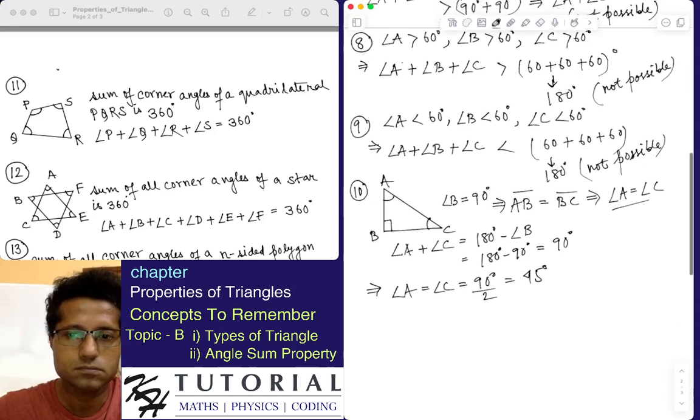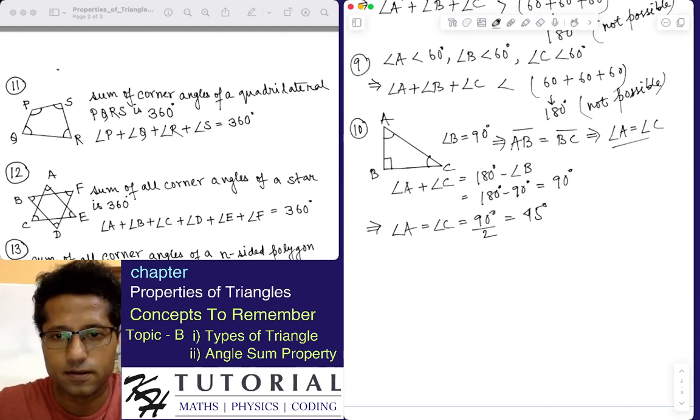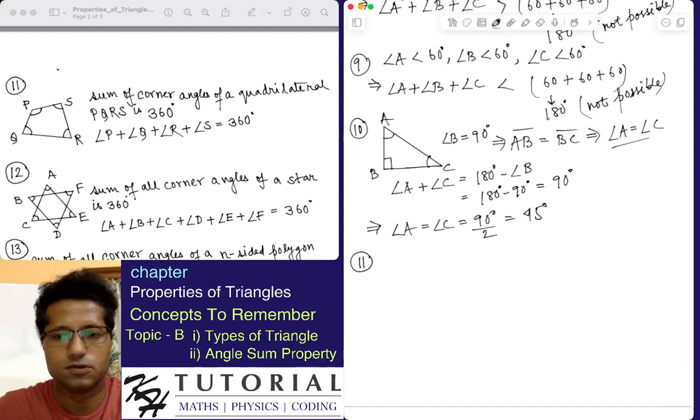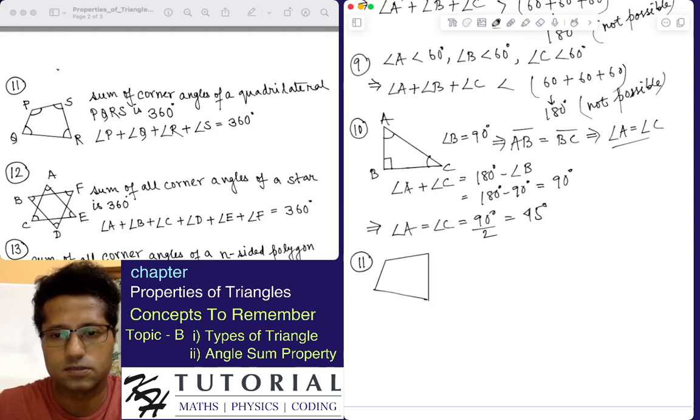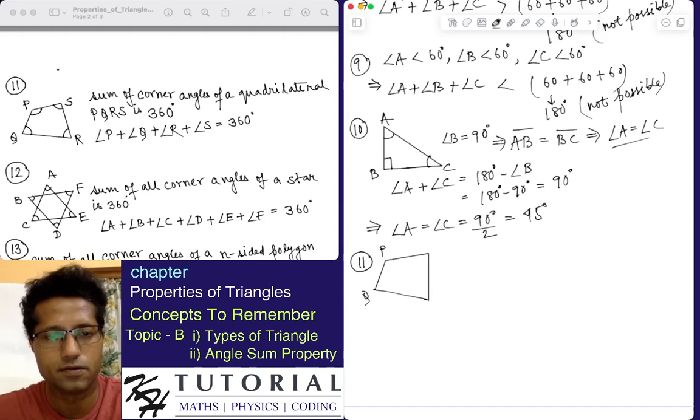Now the way it is verified, it is proved, or the result is obtained is that you have this P, Q, R and S, we have this quadrilateral. It could be of any other shape, but a quadrilateral has four sides.